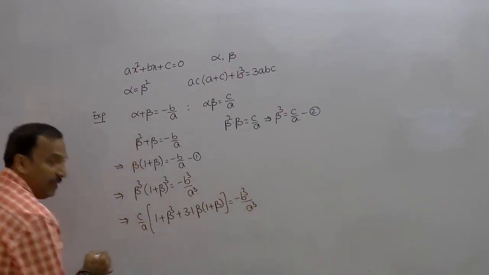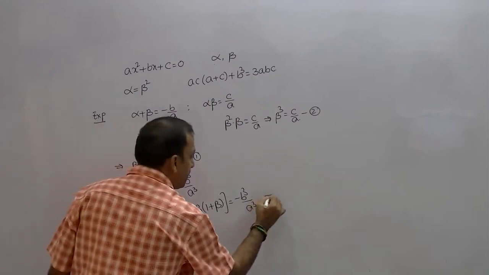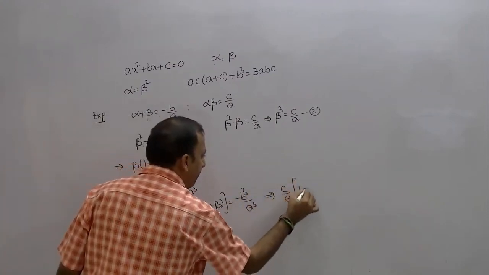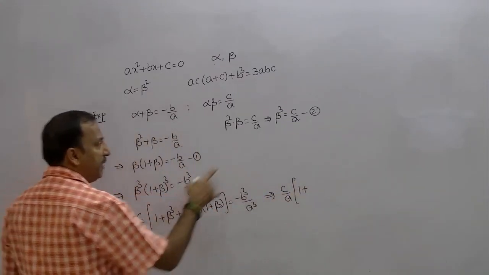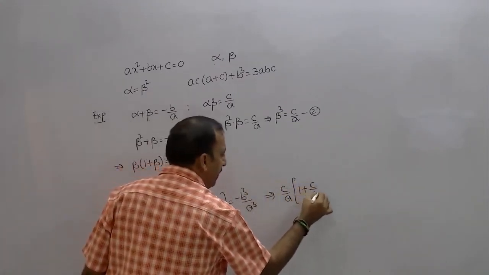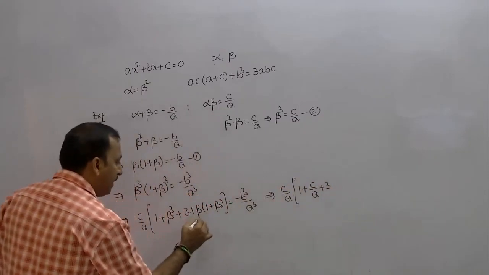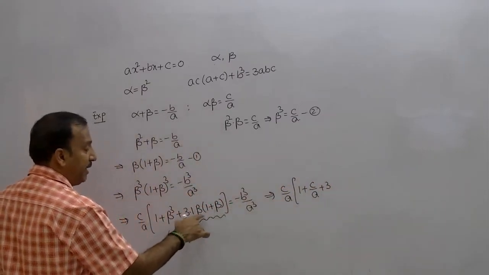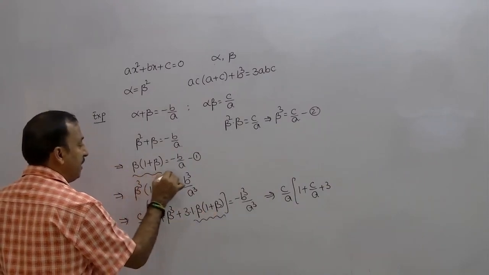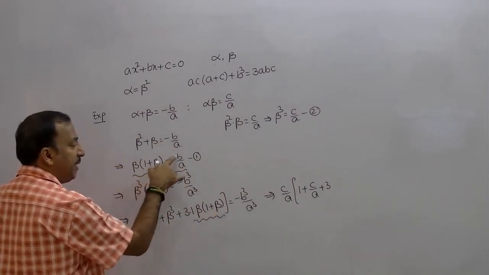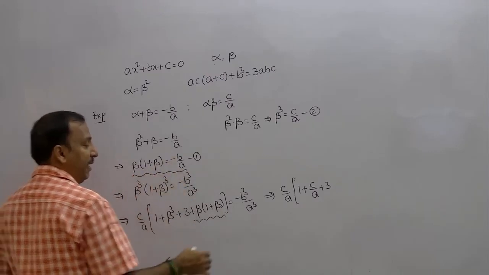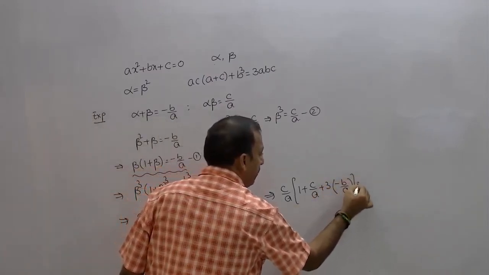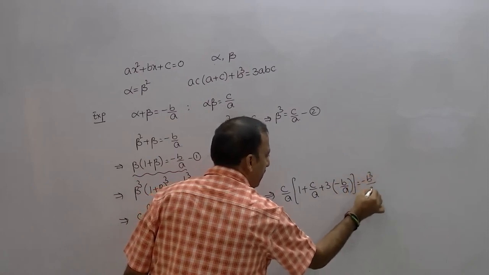See, in this, suppose you substitute c by a into (1 plus beta cube), that is c by a plus 3 into beta into (1 plus beta). But we know that beta into (1 plus beta) is nothing but minus b by a. So into minus b by a is equal to minus b cube by a cube.